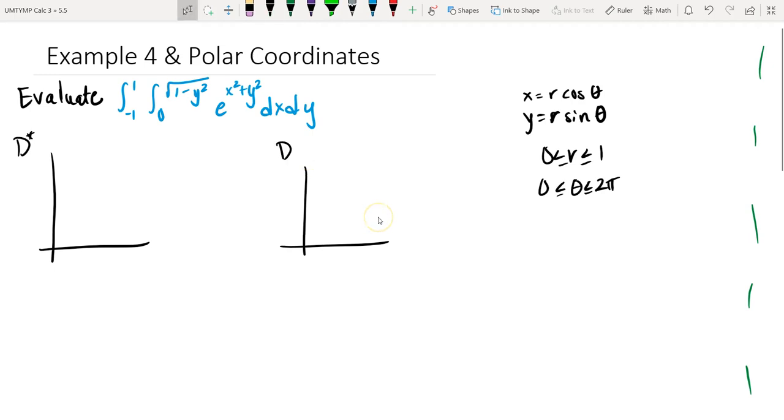So we know y is between 1 and -1, and this actually corresponds to D, so I'll write it over here: -1 less than or equal to y, less than or equal to 1.